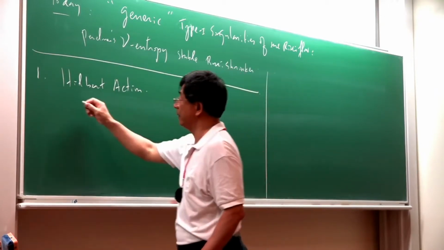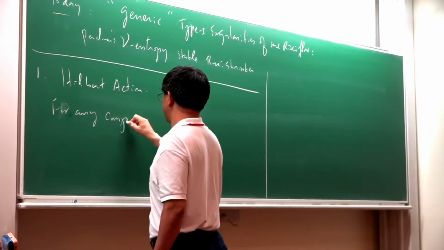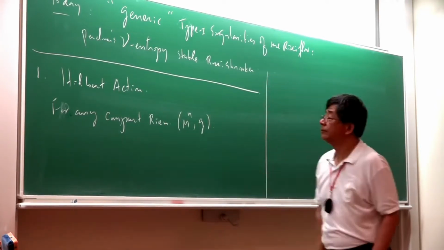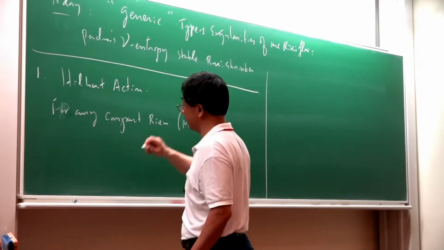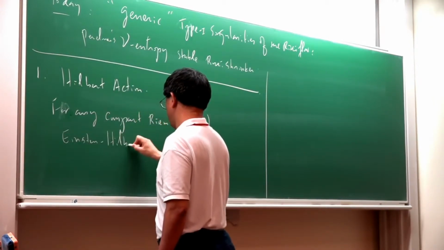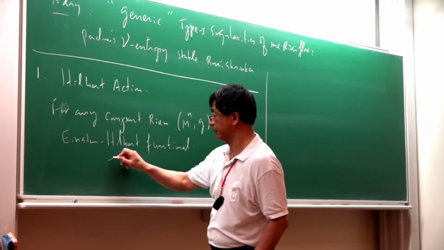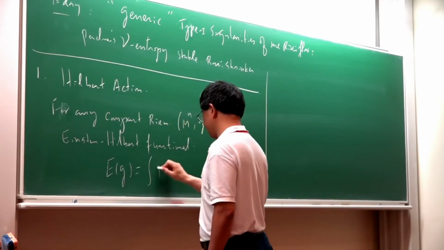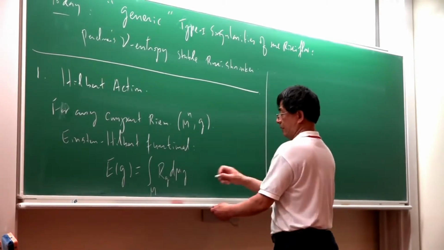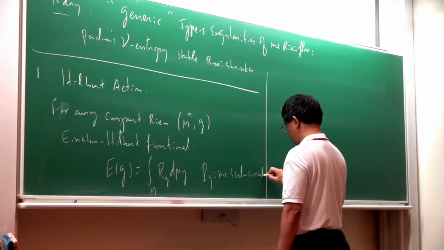Here we look at any compact Riemannian manifold M^n, G. The Einstein-Hilbert functional is, of course, the total scalar curvature: E(G) is equal to the integral of R_G d mu_G. Here R_G is the scalar curvature of G.